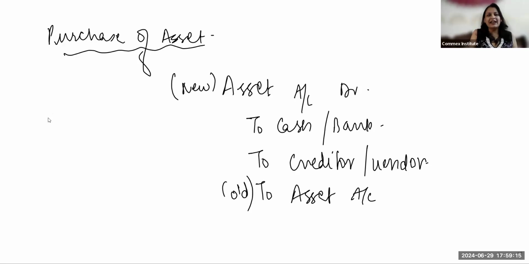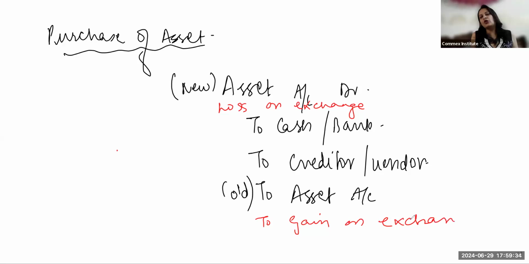So in this entry again, the loss on exchange, let's write exchange. Loss on exchange. Or it can be gain on exchange. And you know how to calculate gain or loss.